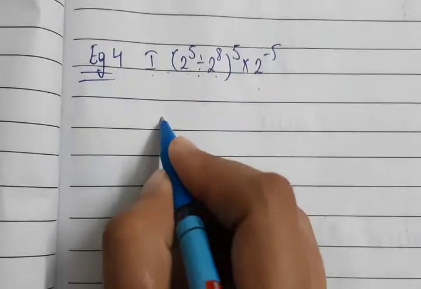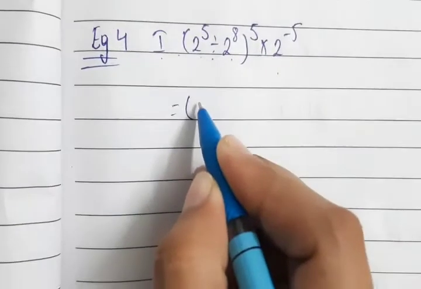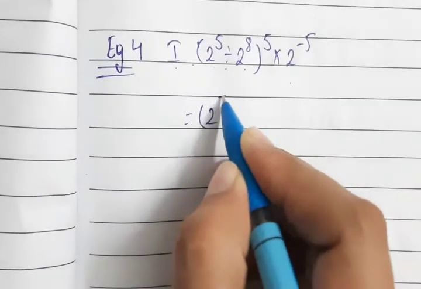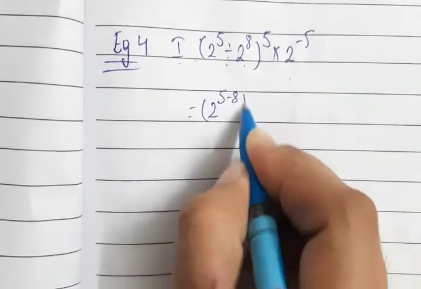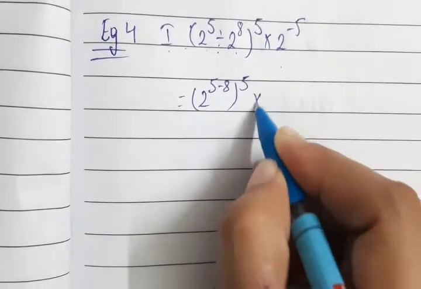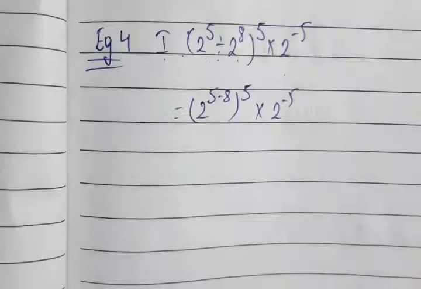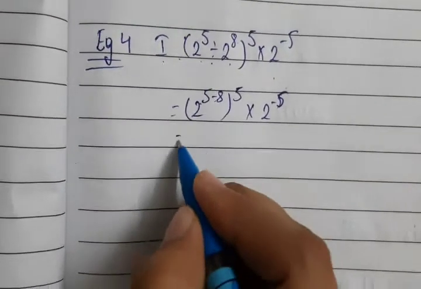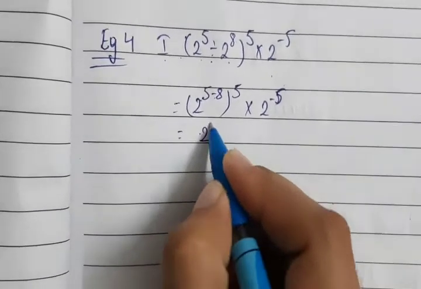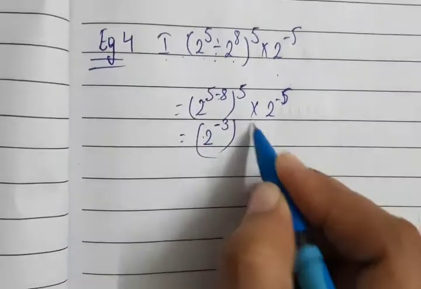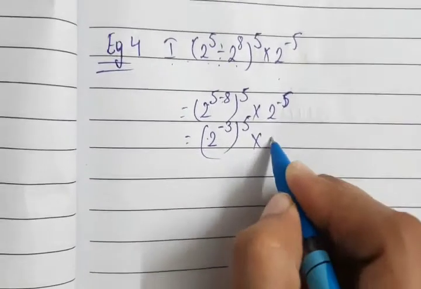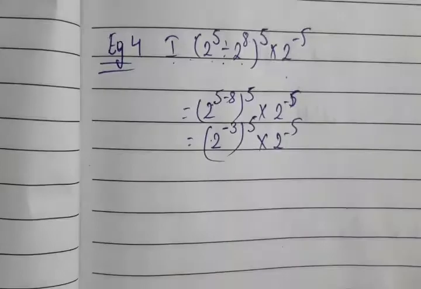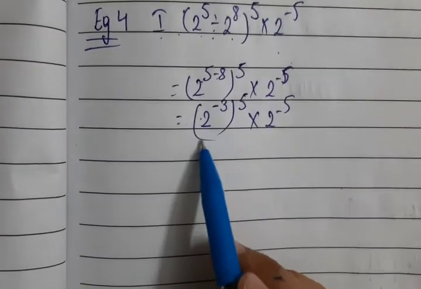Then what will we do? 2 raised to power 5 minus 8, we will write like that. Now subtract this: it is equal to 2 raised to power minus 3, whole power 5, into 2 raised to power minus 5. Now again, which rule will we use?